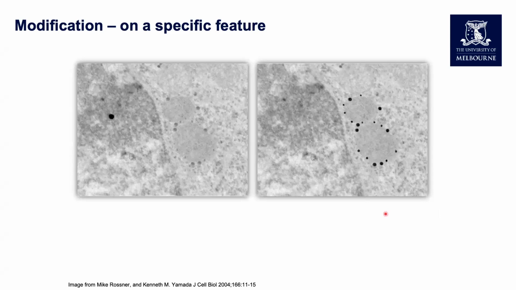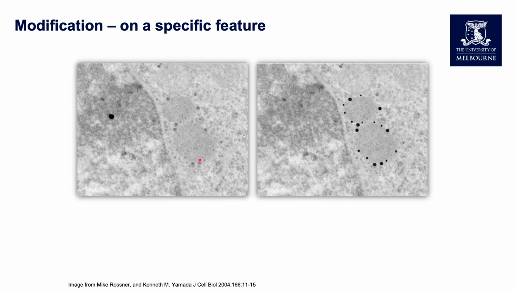In this case, we've got a microscope image on the left-hand side. This is an electron microscope image. And in electron microscopy, you can label proteins of interest with antibodies. But rather than using fluorescence, you use nanogold particles attached to the antibody. So in this case, this sample has been stained with two different nanogold particles of different sizes.